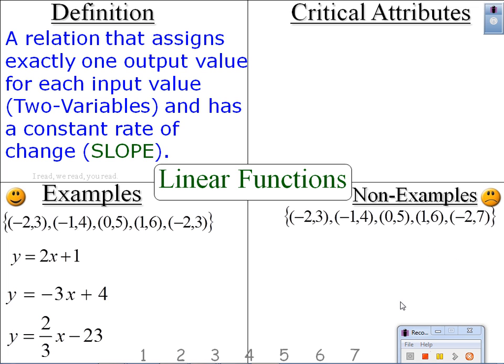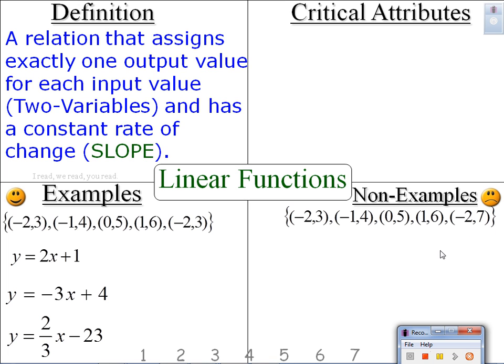Talk it over with your neighbor, please. The y value at the beginning of the relation here is not the same as this one because the -2 repeated. That's why it's not a function. The -2 repeated, and the y value is not the same for the same one that repeated.